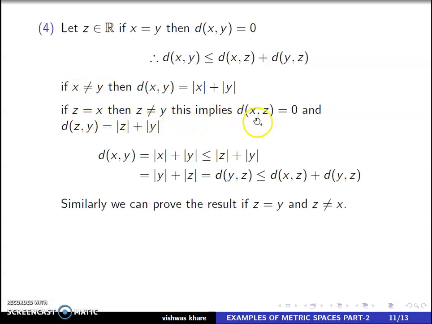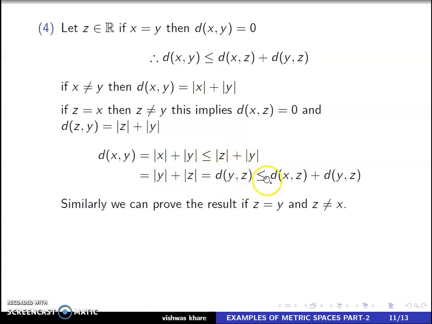This implies d(x,z) is equal to 0 and d(z,y) is modulus of z plus modulus of y. So d(x,y) becomes modulus of x plus modulus of y, by definition, which is less than or equal to modulus z plus modulus y, because x is equal to z, so modulus of x becomes modulus z. This quantity is the same as modulus of y plus modulus of z, which is equal to d(y,z).